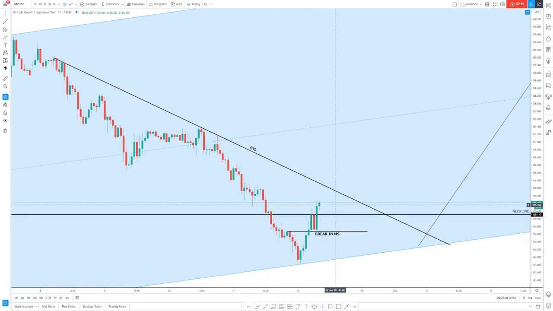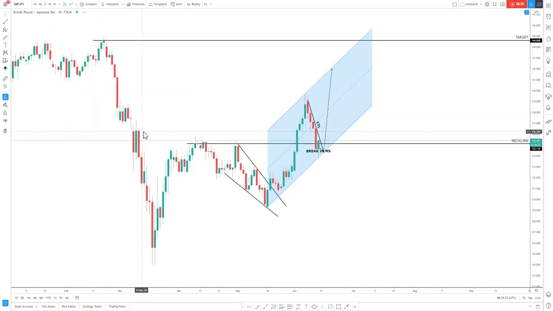So I expect this corrective trend line, or counter trend line, to break. Then a retest happens or occurs, a major retest. Then that is when I would look to long GBP JPY. So I hope you guys actually learned something from this analysis. I look to go long on GBP JPY.